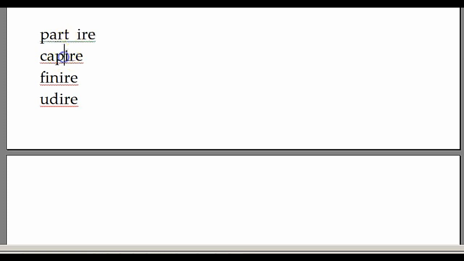Again, we separate the ending from the stem. Partire means to depart, to leave. The past participle will replace ire with ito.